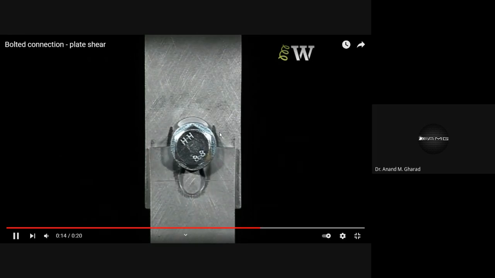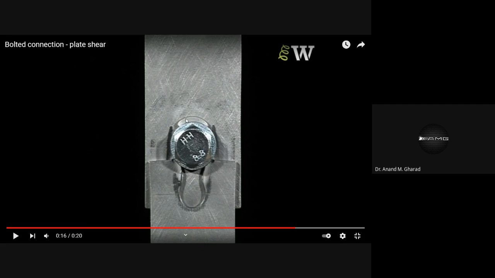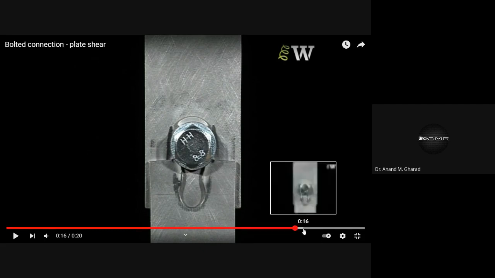Right. This has failed. And if we observe such kind of failure, wherein one part of the plate is separated, you will call this failure to be shear failure of the plate.